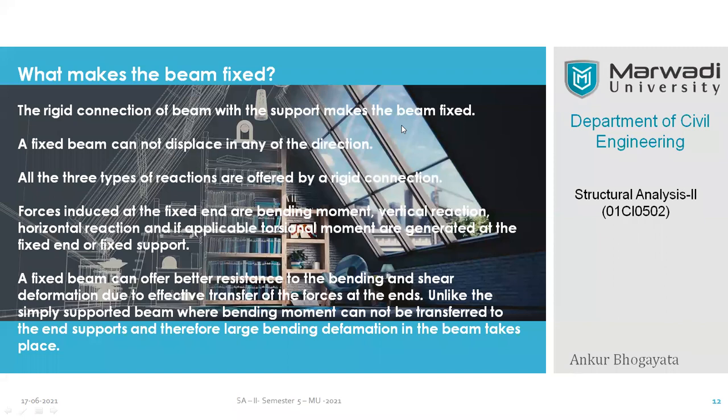The simple supports cannot offer reaction to the bending, and that's why the complete bending deformation remains within the beam itself. That is why a simply supported beam will always suffer from large deformation due to bending, and you will notice that the dimensions of simply supported beams are always larger than fixed beams. This is the basic reason why it happens so.